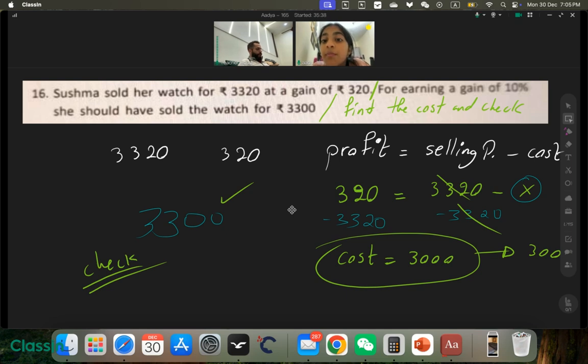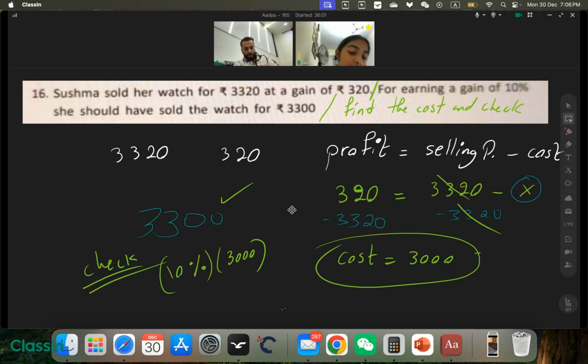So when we got the cost, we got it as 3,000. What is 10% of 3,000? 10% of 3,000, how much is it? 0.10, do we do it into decimals? So it's 300.